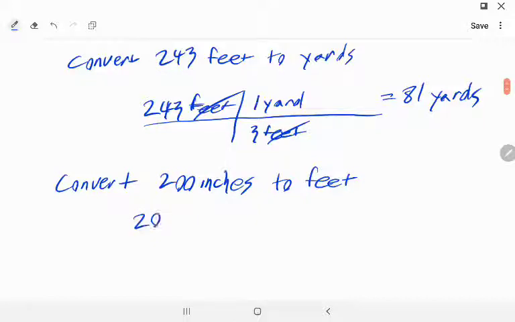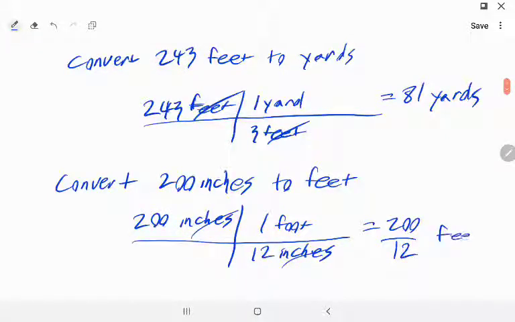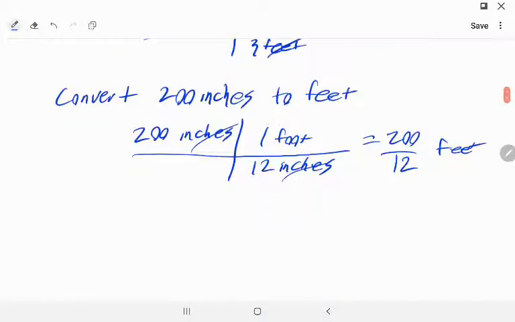We notice that if we start with that 200 inches, we could say 1 foot is 12 inches. And so we find out that the inches go away again. We get 200 divided by 12 feet. And so we could simplify that a little bit.